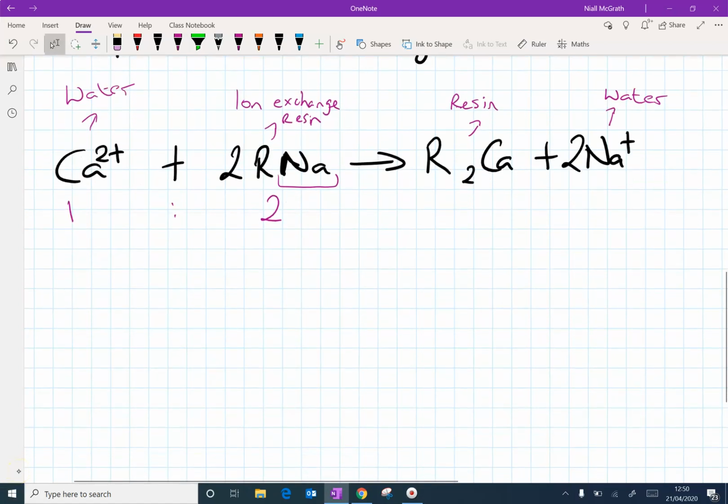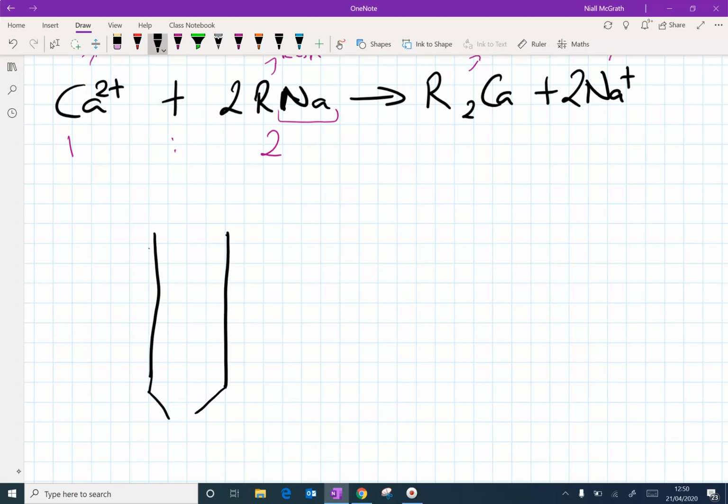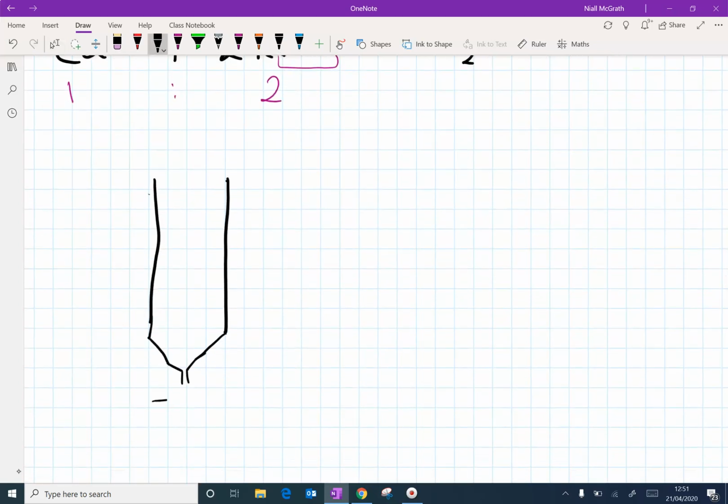So if we look at having an actual column, not the best at drawing, but if you have a column like that, at the bottom of a beaker, and in here then you have your resin.